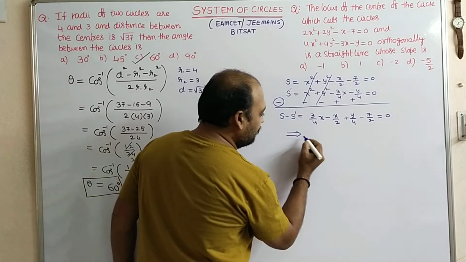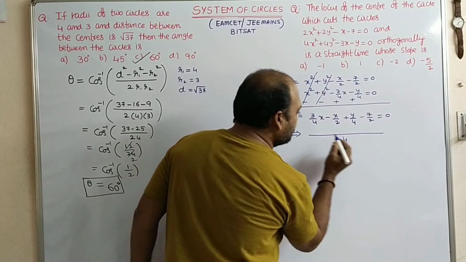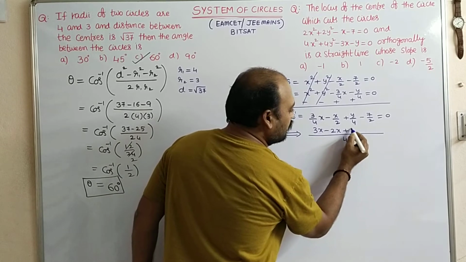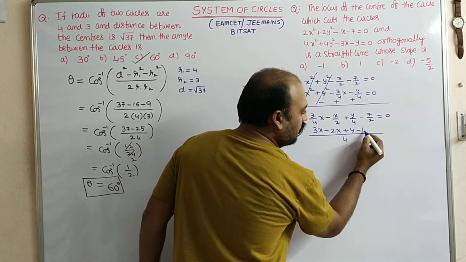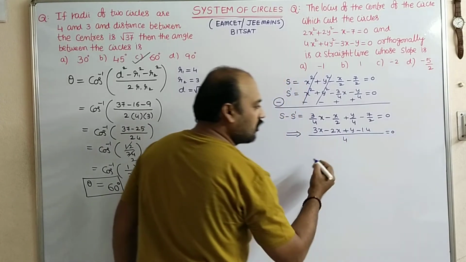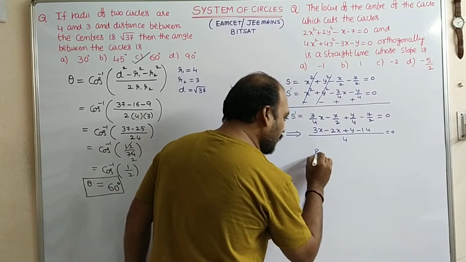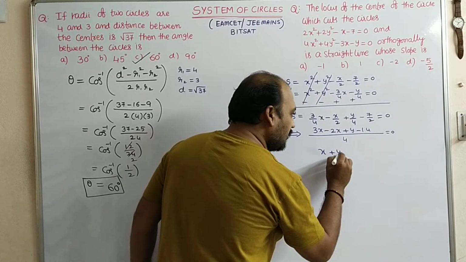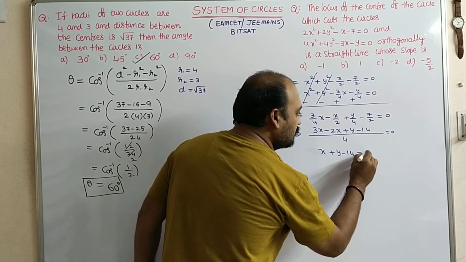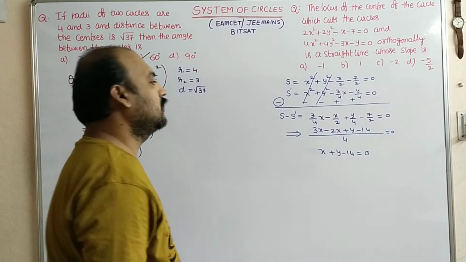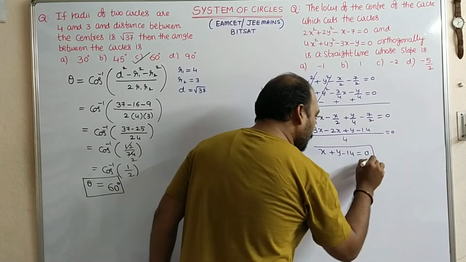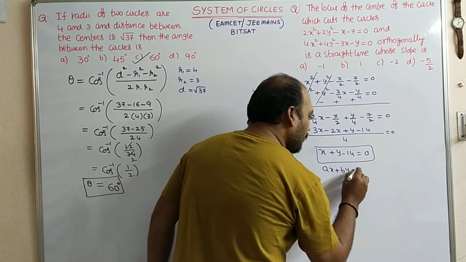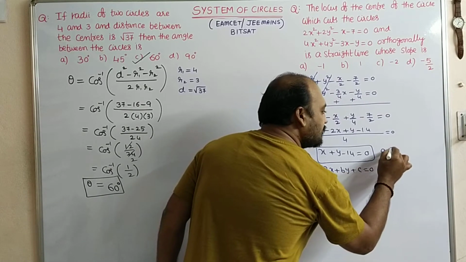Take the LCM, 4 is the LCM. So 3x minus 2x plus y minus 14 equal to 0. Cross multiply. 3x minus 2x is, sorry, 1x, plus y minus 14 equal to 0. Slope of this line, comparing with ax plus by plus c equal to 0, a straight line.